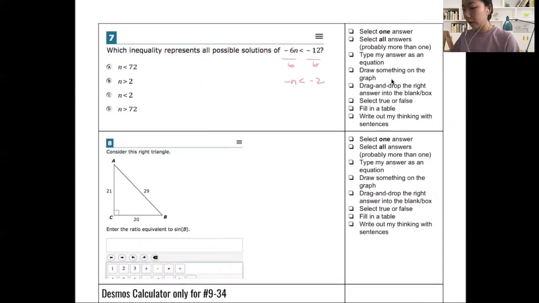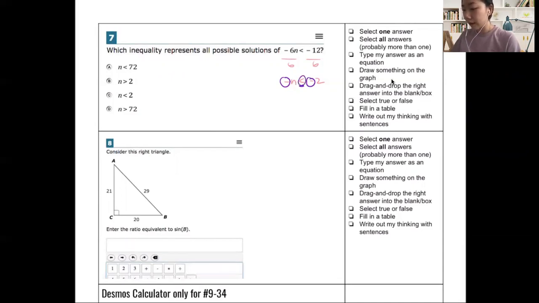Remember, if we want to cancel out the negative, we multiply by -1. When we have a negative multiplication or division, we have to flip the sign. So to get rid of the negative, we flip the sign right here.